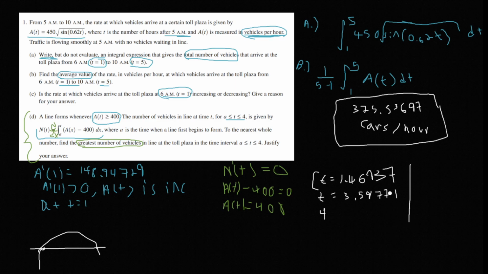And then now I need to see the number of vehicles. And so this is just n of t. Substituting these into the calculator, you get 0, you get 71, and 62. So 71 is the greatest number of vehicles on the central.